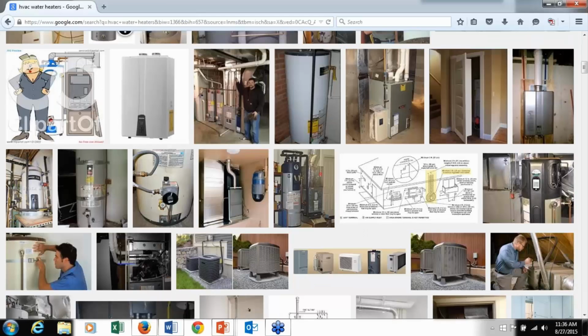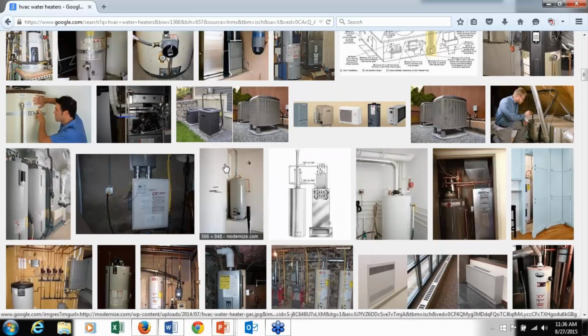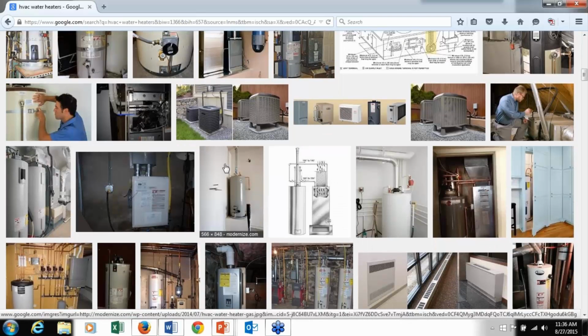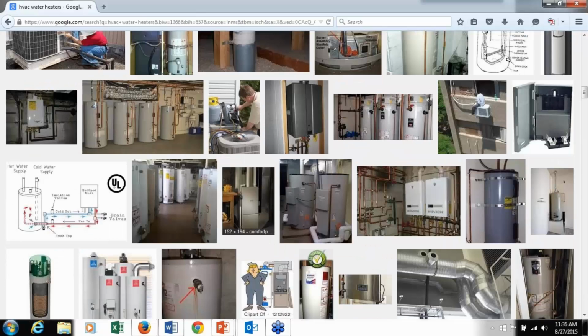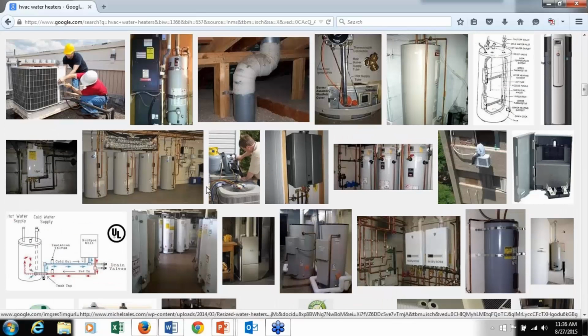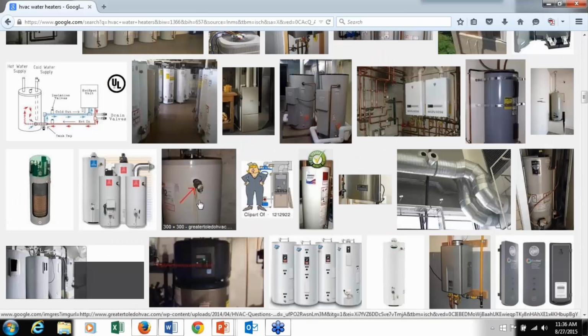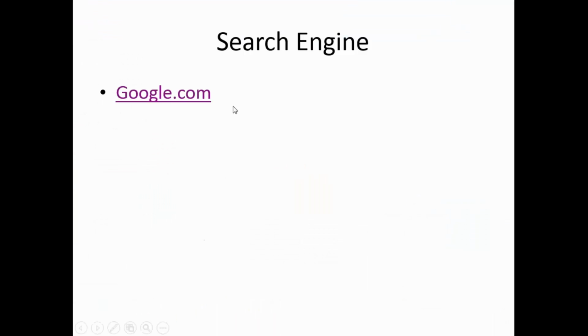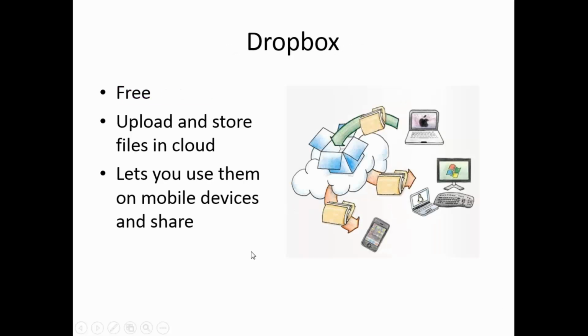So I can now snag or click on this and download any of these things that I might want to do. So Google Images is tremendous, and so you just click on something, and so then I could pull those into a PowerPoint.